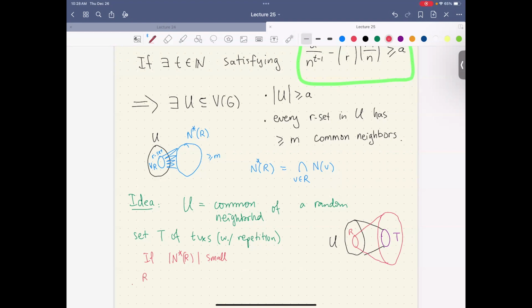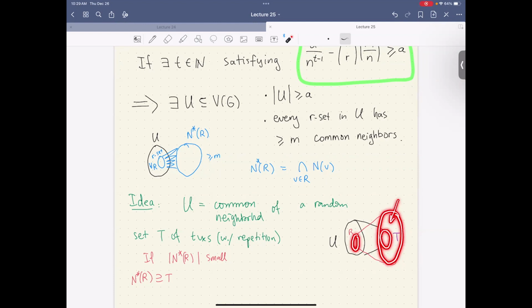We know the common neighborhood of R must contain T, because if you zoom into a subset, the common neighborhood is only getting larger. T is adjacent to everything in U, in particular adjacent to R. If the common neighbors of R is small, then it's unlikely that this random set T will lie in these small sets.